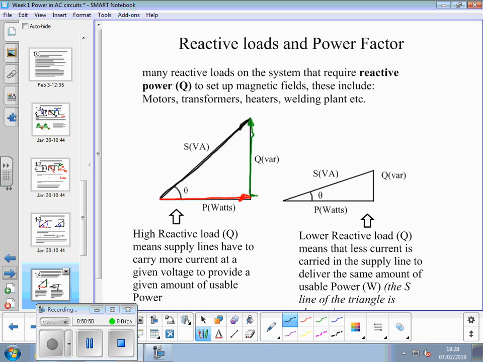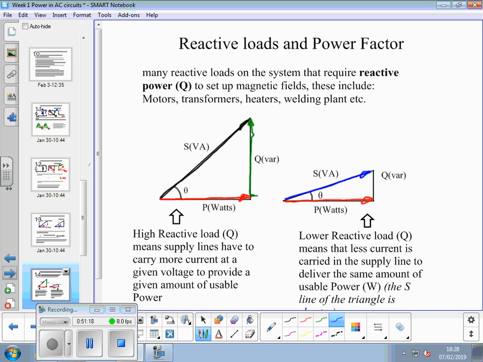So if we consider both those two situations as the same voltage and the same real power, the two apparent powers are different. Removing that angle, if this line is the same length, means the blue line must be shorter than the black one.